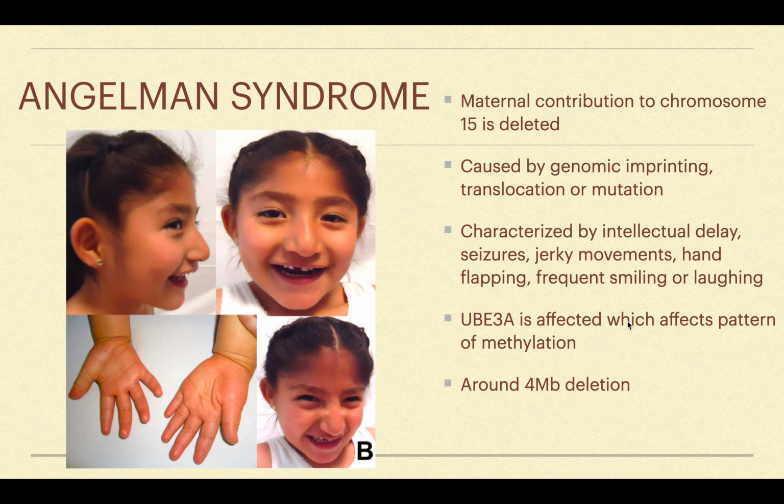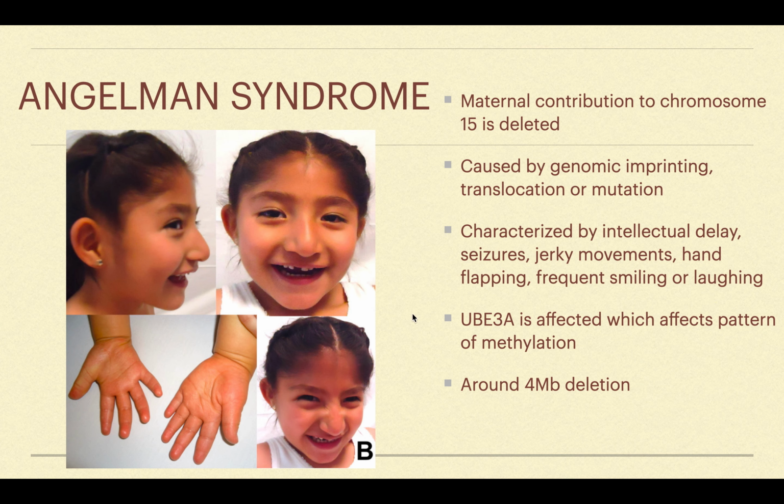Everybody really knows this as Angelman syndrome, but in older textbooks and with older physicians or outside of the U.S., it can also be called happy puppet syndrome because of the jerky movements of the arms and the hand flapping, and they're always laughing, always smiling.